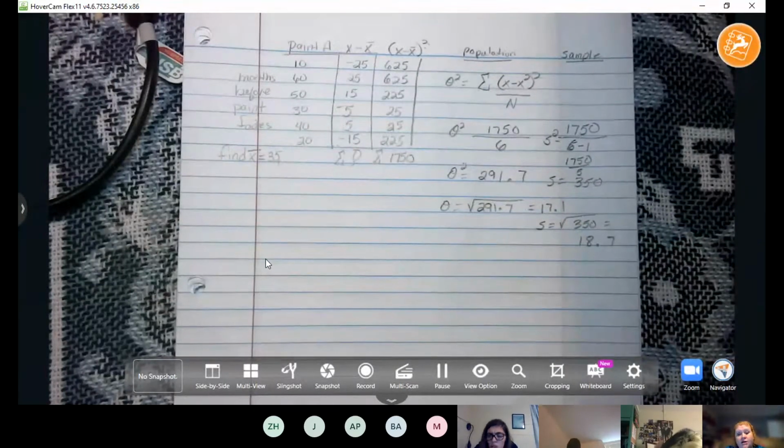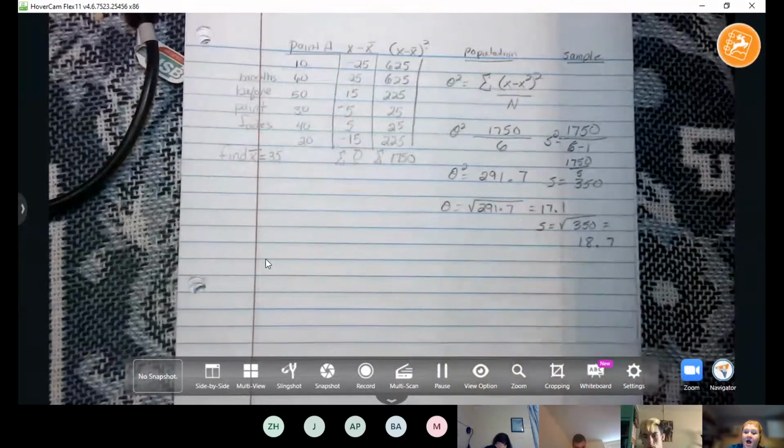So they are very close in answers, but not exactly the same. One is population, one is sample. That's the only difference in those two answers.